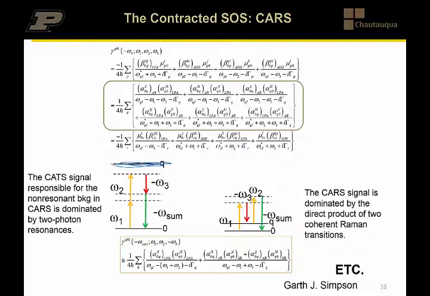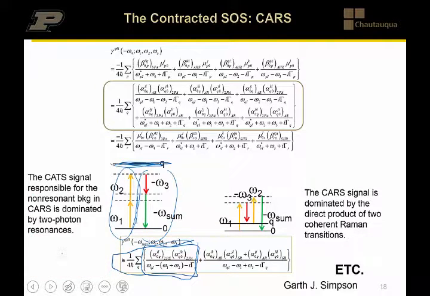If there's a real state here at the sum of omega 1 and omega 2, then you have something that looks like a 2-photon transition up and a 2-photon transition down, and that gives you this expression, this term right here in the sum over states, if Q is electronically resonant.